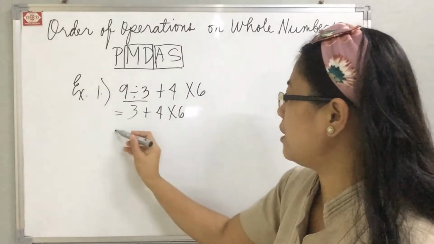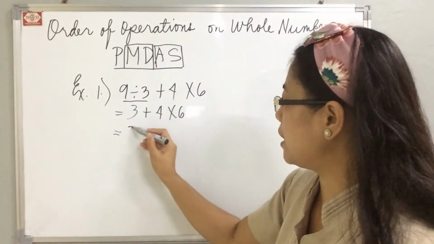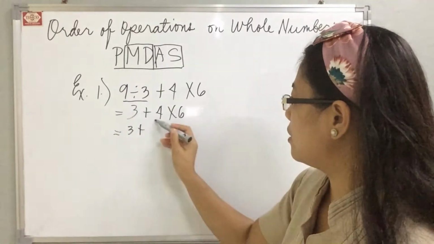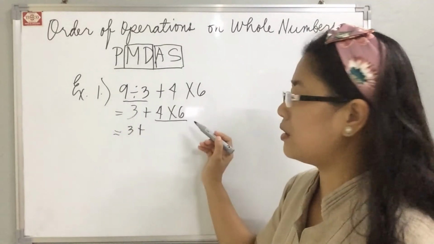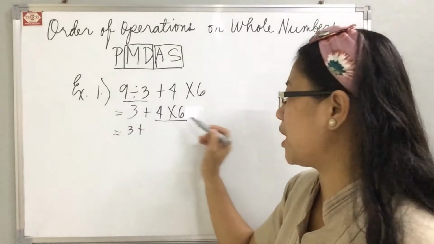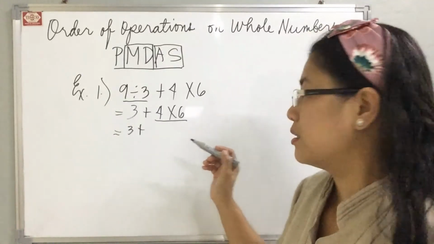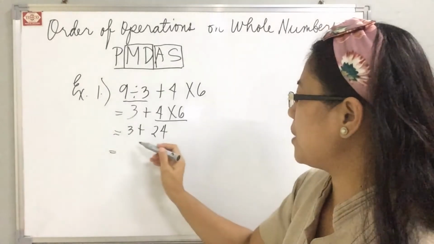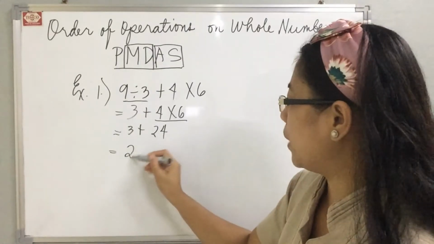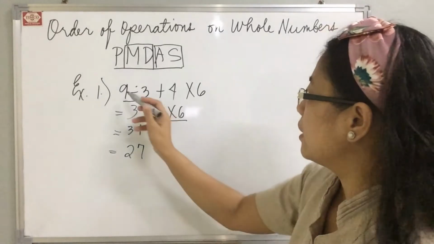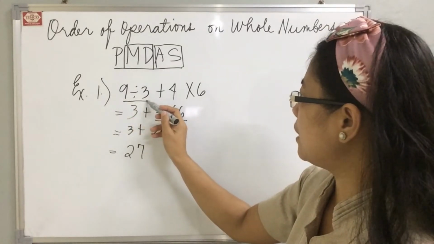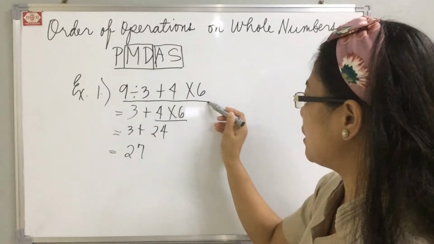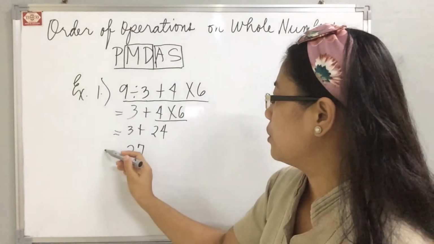So let's bring down 3 plus, and then solve the product. 4 times 6 is 24. Then 3 plus 24 is 27. So 9 divided by 3 plus 4 times 6 is equal to 27.